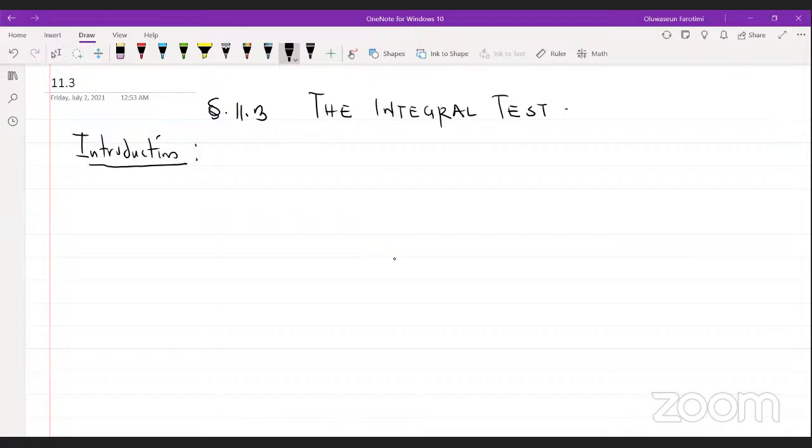This is the motivation, or why we need to study this integral test. In most cases, when you're dealing with series, it's difficult to find an exact sum of the series.